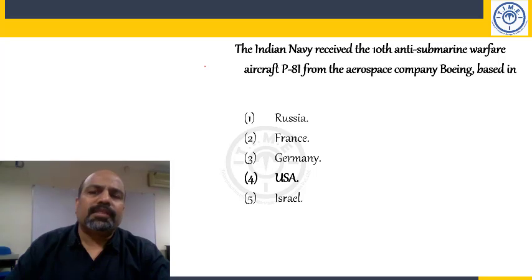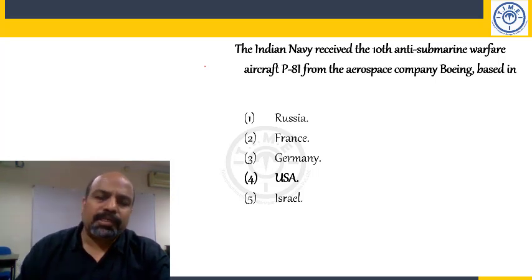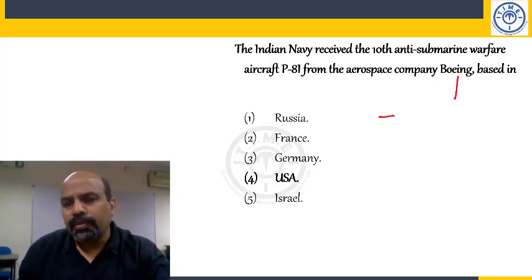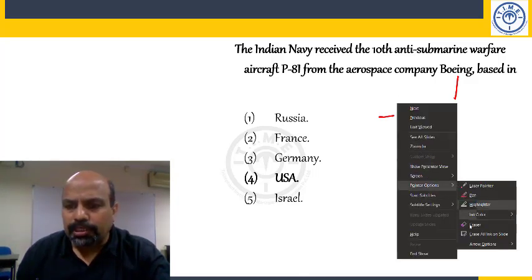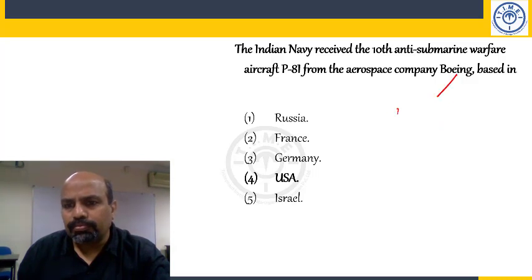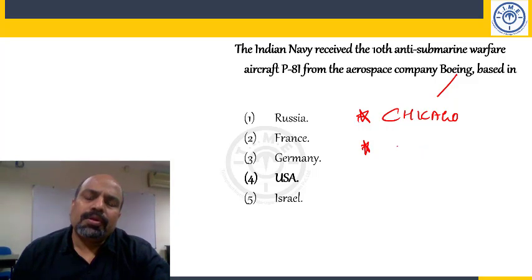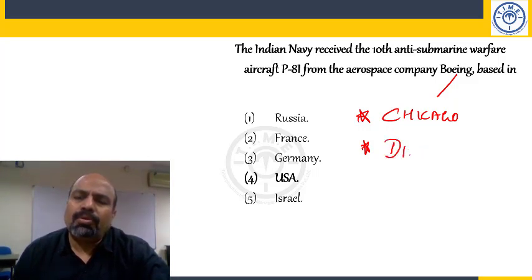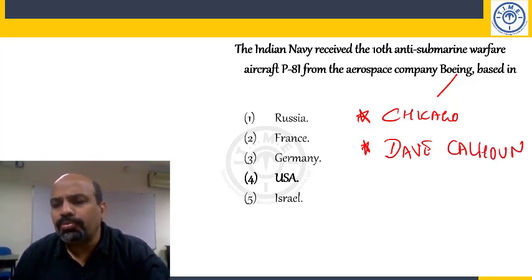The Indian Navy received the 10th anti-submarine warfare aircraft P-8I from the aerospace company Boeing, based in the United States. You could write this: Boeing, headquartered in, not Seattle, I'm so sorry, Chicago, one of America's biggest cities, and its CEO is Dave Calhoun.